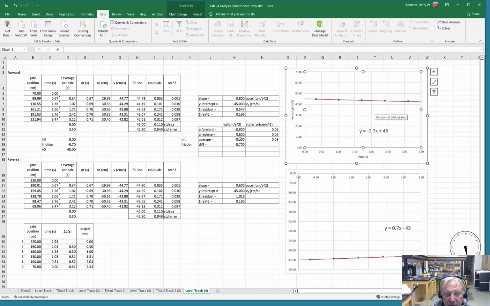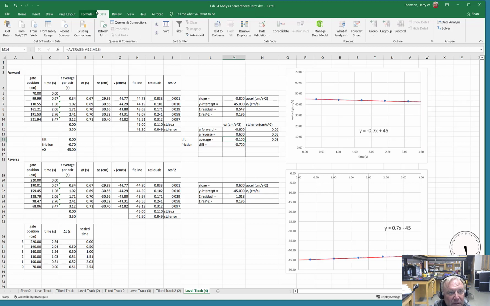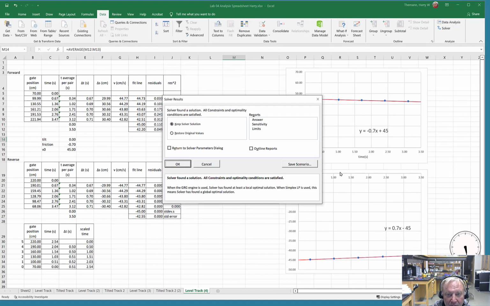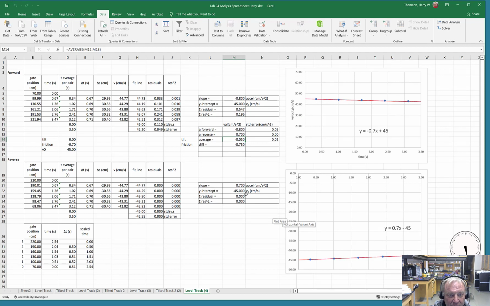But you wouldn't see any difference right here. But I can go up to the solver. And let's see, this one's all set for the lower one. And we see the slope is plus 0.7.